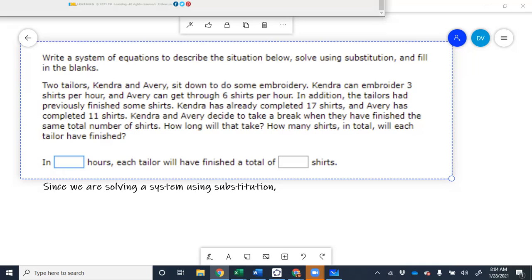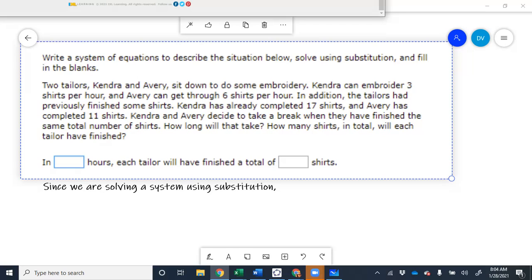In addition, the tailors had previously finished some shirts. Kendra had already completed 17 shirts, and Avery has completed 11 shirts. Kendra and Avery decided to take a break when they have finished the same total number of shirts. They want to know how many hours that will take, and how many shirts in total each one will have finished.